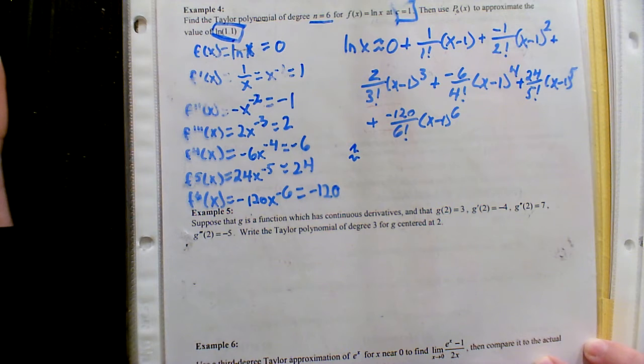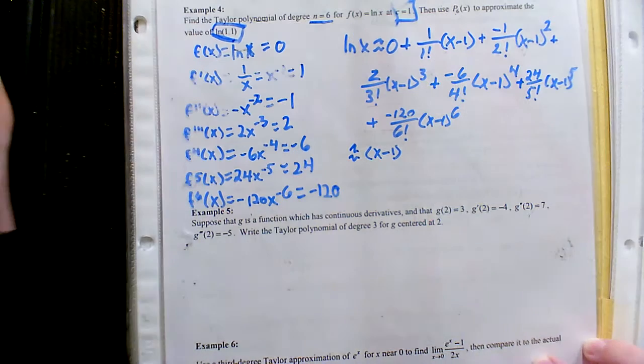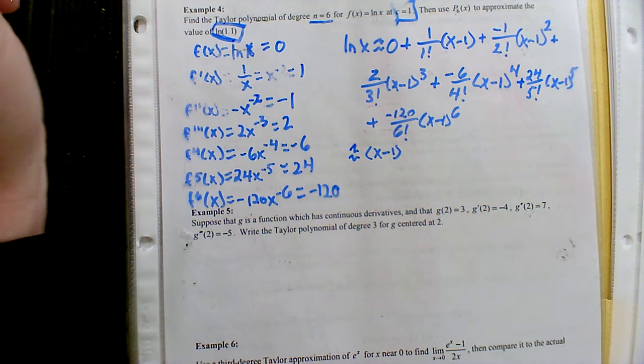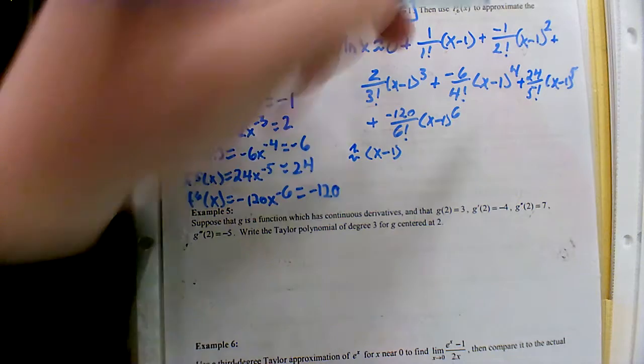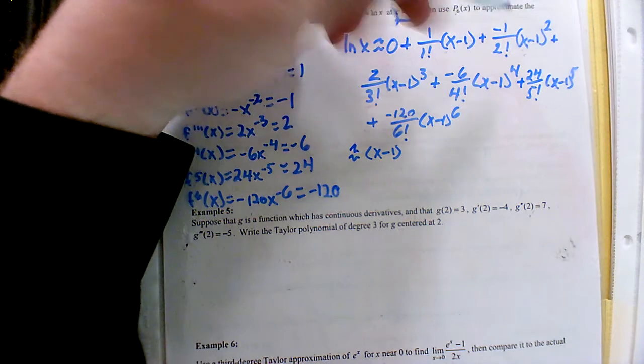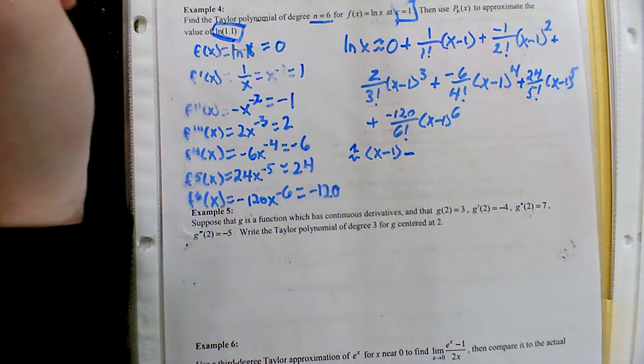Well, the 0 is just going to go away. 1 over 1 factorial is just 1, so we're going to have x minus 1. We have the plus a minus 1, so we're going to have a minus. What is 1 over 2 factorial? Just 1/2.